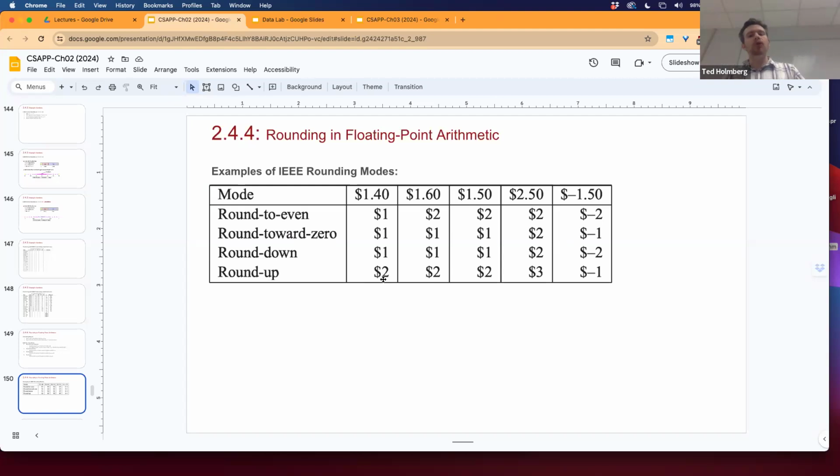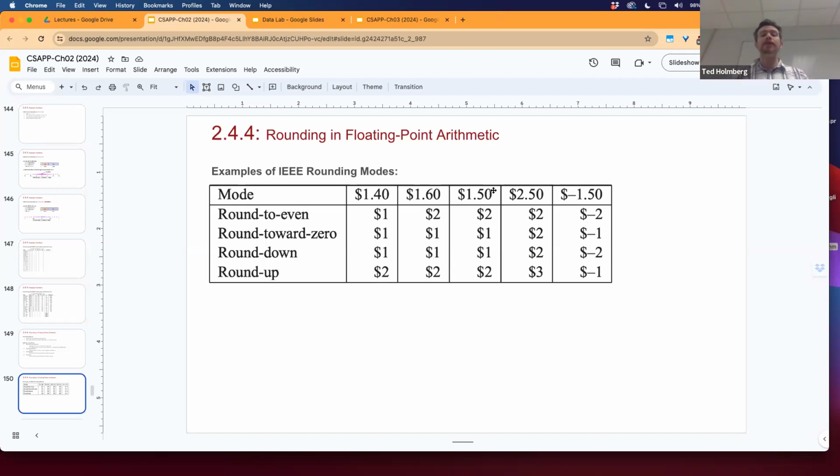And then on rounding up, it's going to be the opposite effect between positive and negative numbers. So my 1.4 becomes a 2, my 1.6 becomes a 2, my 1.5 becomes a 2, my 2.5 becomes a 3, my minus 1.5 becomes a minus 1, because we're shifting towards the next right-hand side value.